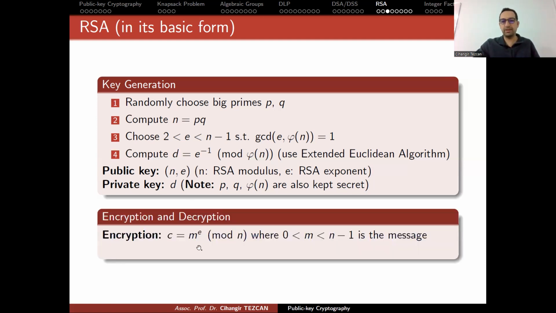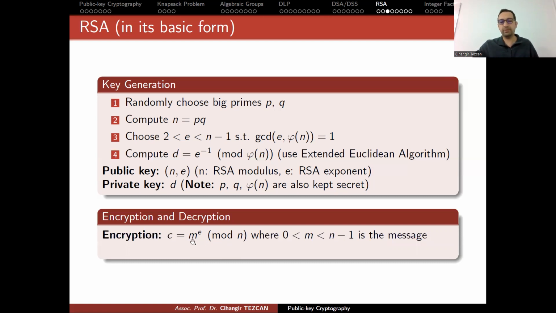When somebody wants to send you a message m, it has to be smaller than n, by the way. In practice, you need to do some padding or divide into blocks, but we are focusing on the basic form. So assume that somebody wants to send you a very simple message m and turns it into an integer.